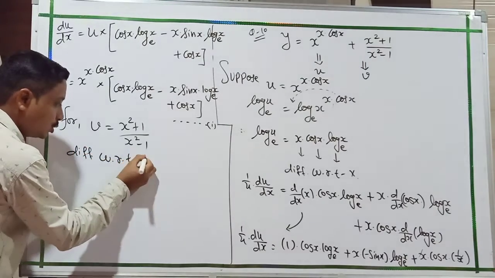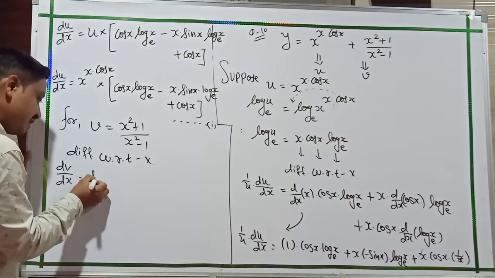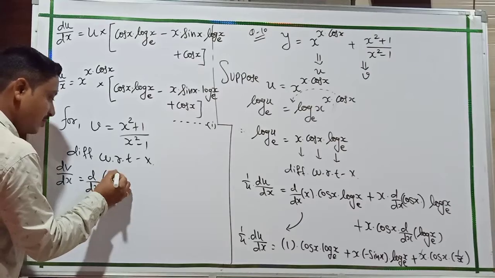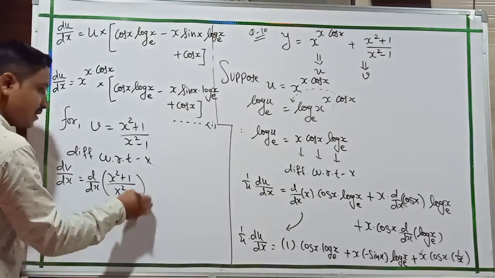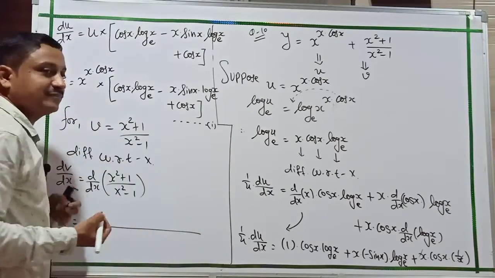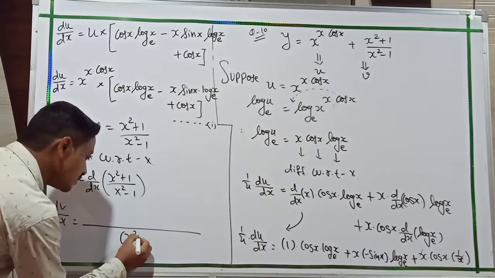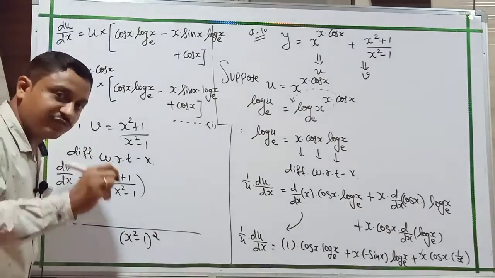With respect to x, it is dv by dx, and here we apply our division rule. So dv by dx is the same, and you know what the division rule is? Yes: in the denominator, square of the denominator function.